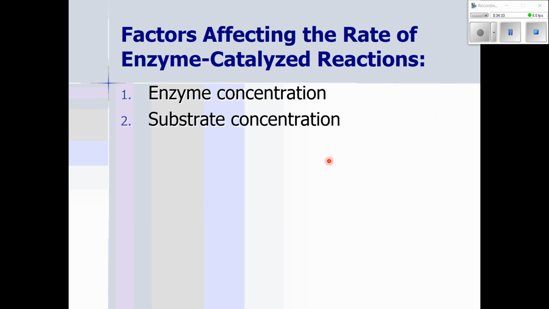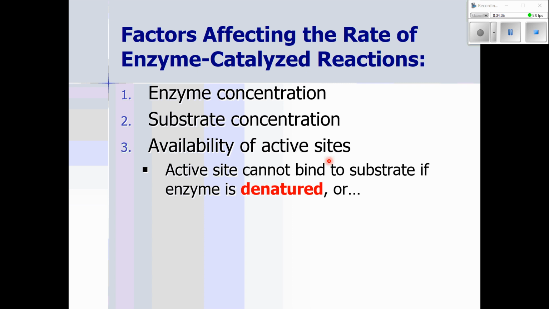So when we talk about affecting the availability of the active site, the obvious way that can happen is if heat or a drastic change in pH literally changes the three-dimensional shape of the active site.